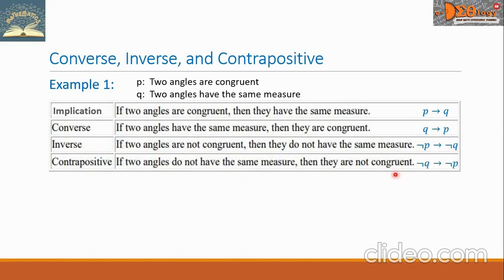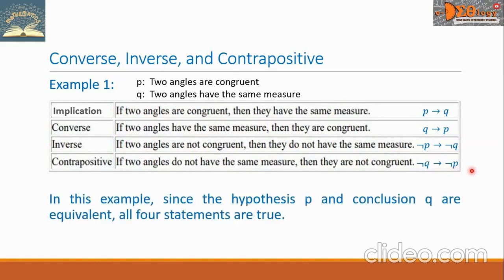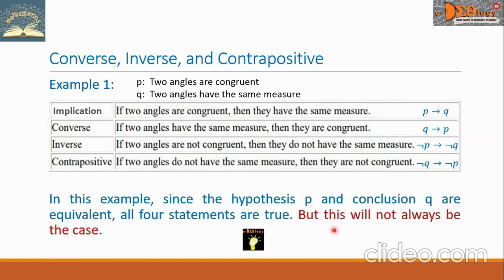In symbol, this is not Q implies not P. In this example, since the hypothesis P and conclusion Q are equivalent, all four statements are true. But this will not always be the case.